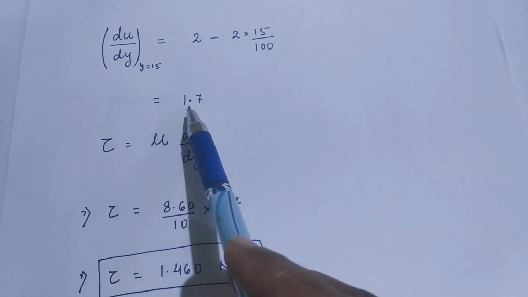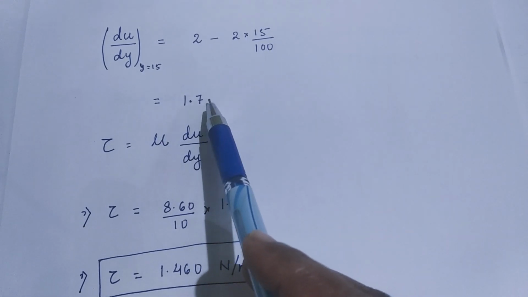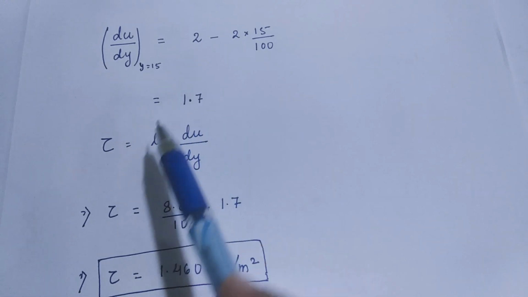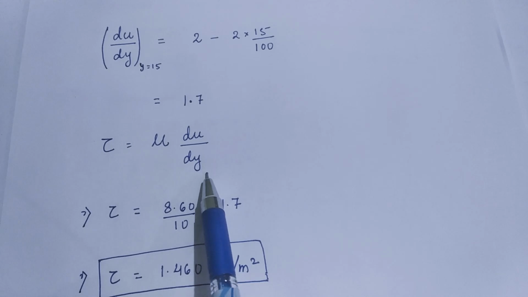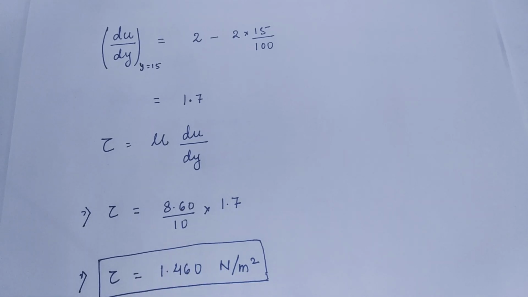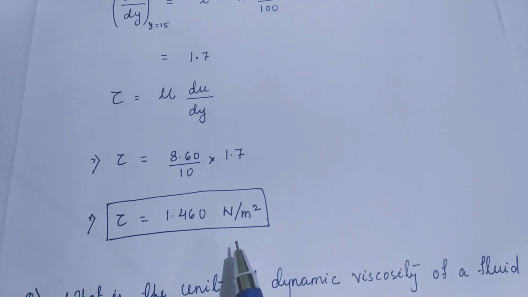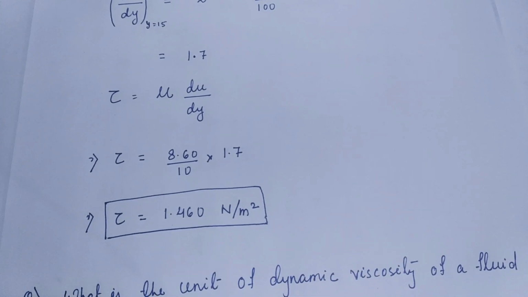So that is equal to 1.7. So after substituting this value in the equation tau equal to mu du by dy, we get the value of tau to be 1.460 Newton per meter square. This is the magnitude of shear stress.